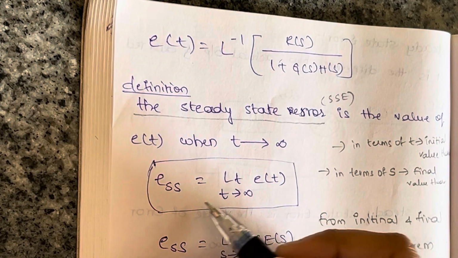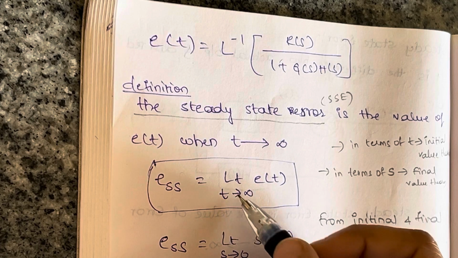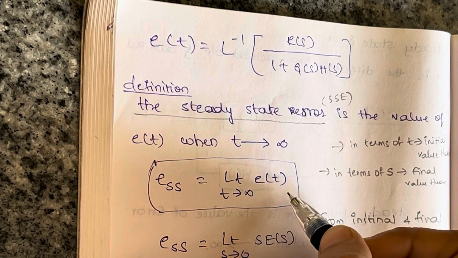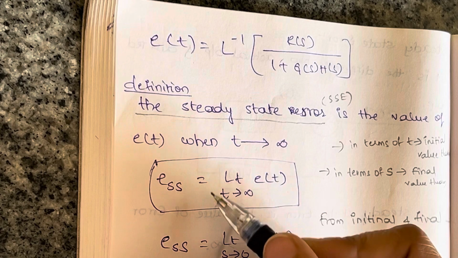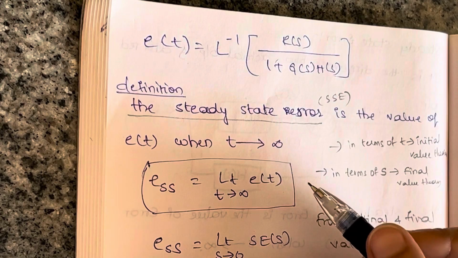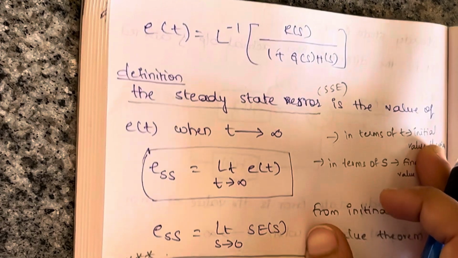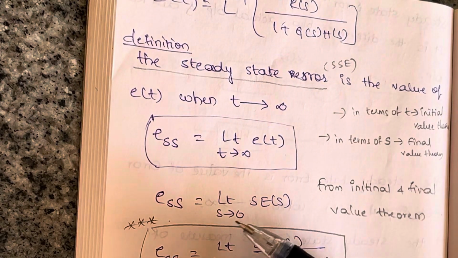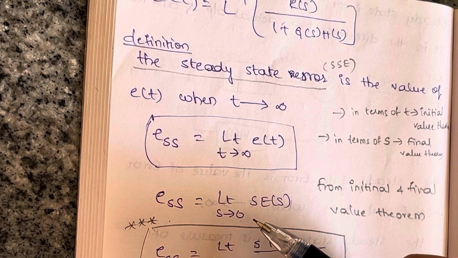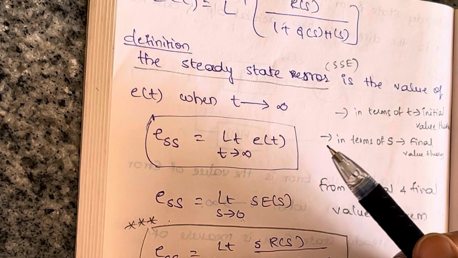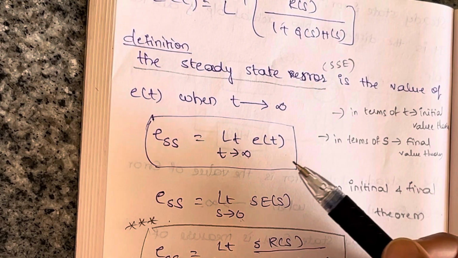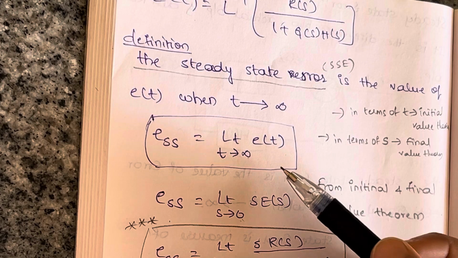So e_ss, the steady state error, equals limit t tends to infinity e(t). This is the form when you consider the initial value theorem. If we write in the final value theorem, then s tends to 0. When we write t tends to infinity, it is the initial value theorem.